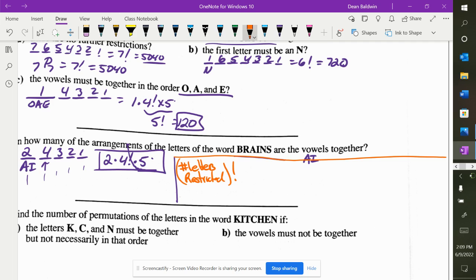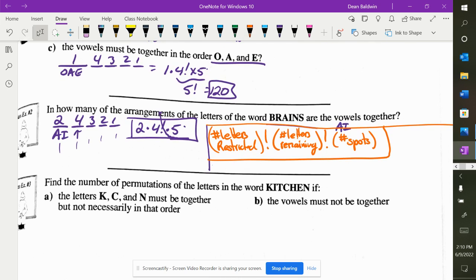Times the number of letters, or objects, remaining, factorial. Times the number of spots. That is not a factorial, because the number of spots is the A and I could be here, here, here, here, or here. So I just multiply by 5, right?